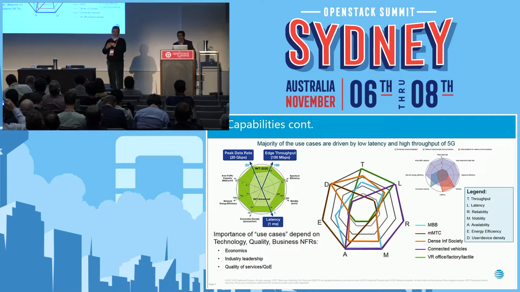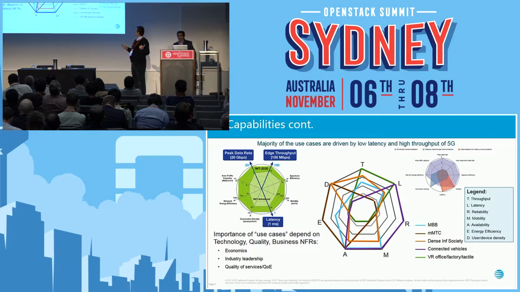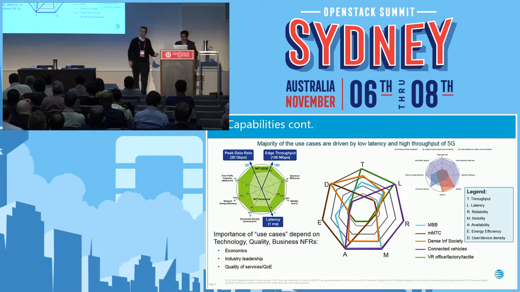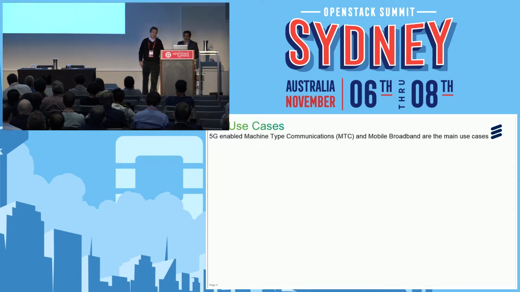Then you have a resource view: what type of compute, network and storage requirements do we have? And the last and probably the most important view is the topology view, because that's the most costly view. Where do you actually physically put those compute, storage and networking capacities in the actual network? So this is the story; I'm going to come back later for the architectural vision for end-to-end architecture.